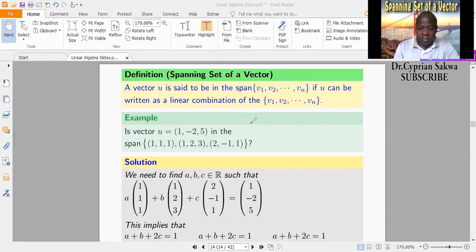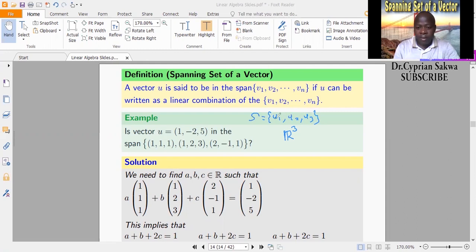For a set S, for example, which comprises vectors u1, u2, and u3, to span our vector space, for instance R3, we choose any vector from R3 and see whether that vector can be written as a linear combination of these three vectors.